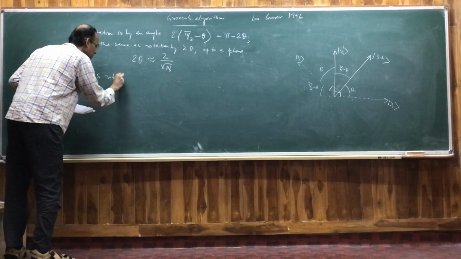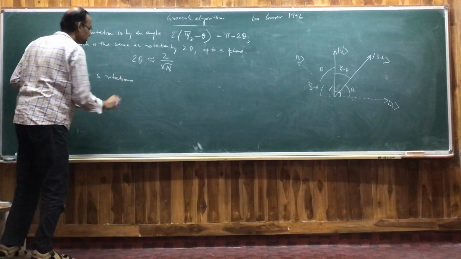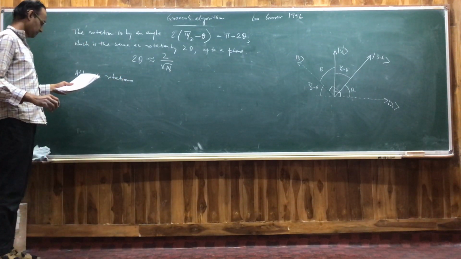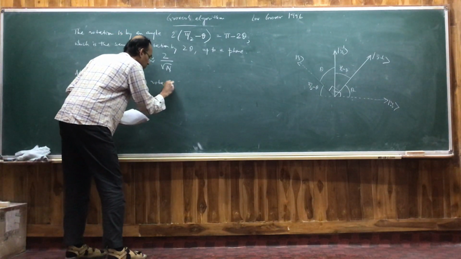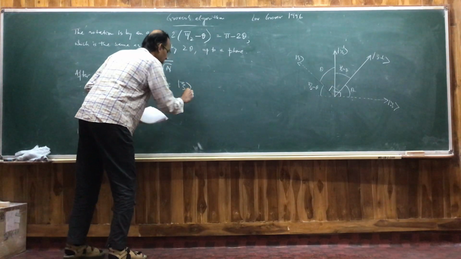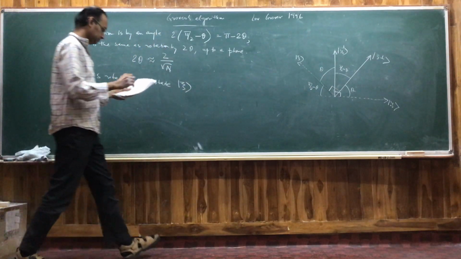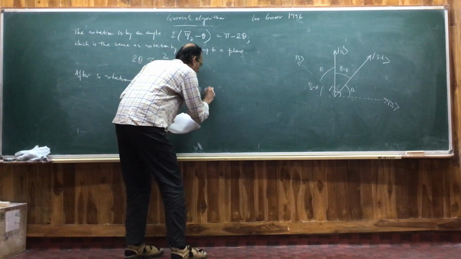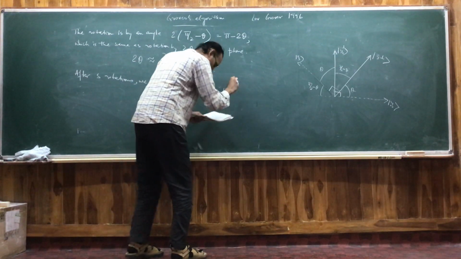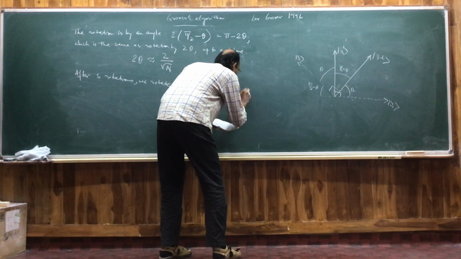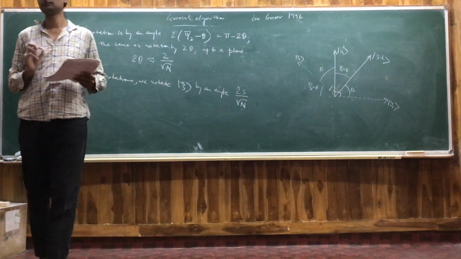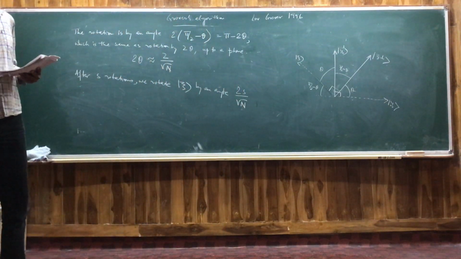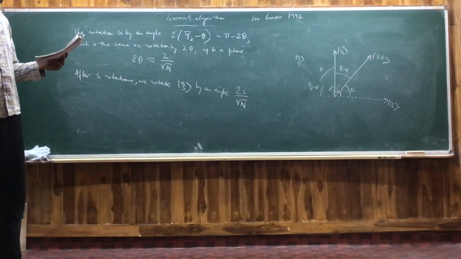After S rotations, we rotate xi by an angle twice S over root n. We'll add up.